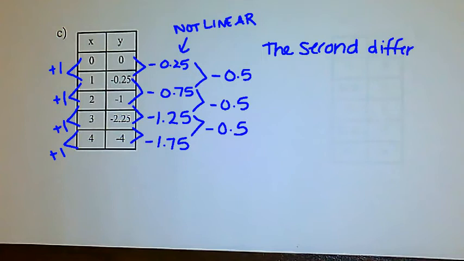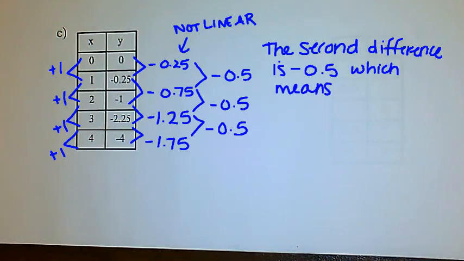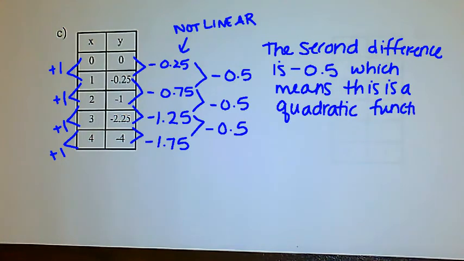Second means 2. So if I do the difference once, that would be linear if it worked the first time. But since it didn't, I'm going to try it again. Now remember, make sure that you can't multiply because that would be exponential. But if you can't do that, then try the second difference. So the second difference is negative 0.5, which means that this is a quadratic. Okay, so this is a quadratic function.